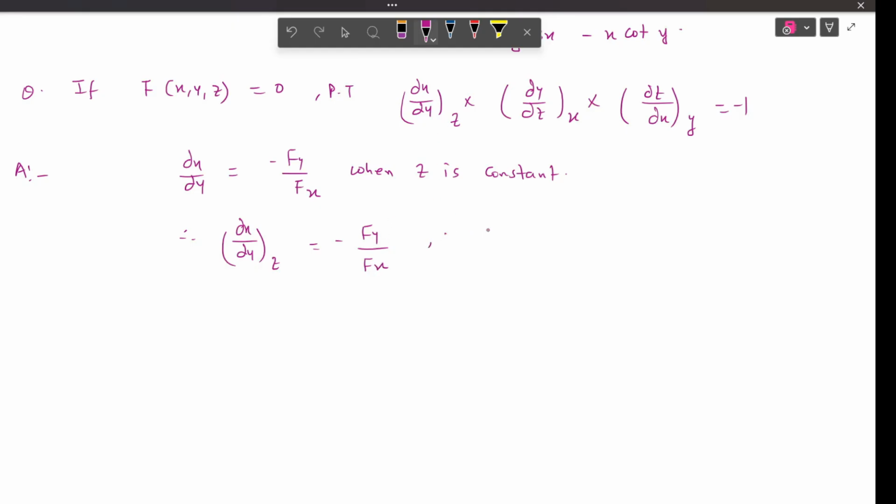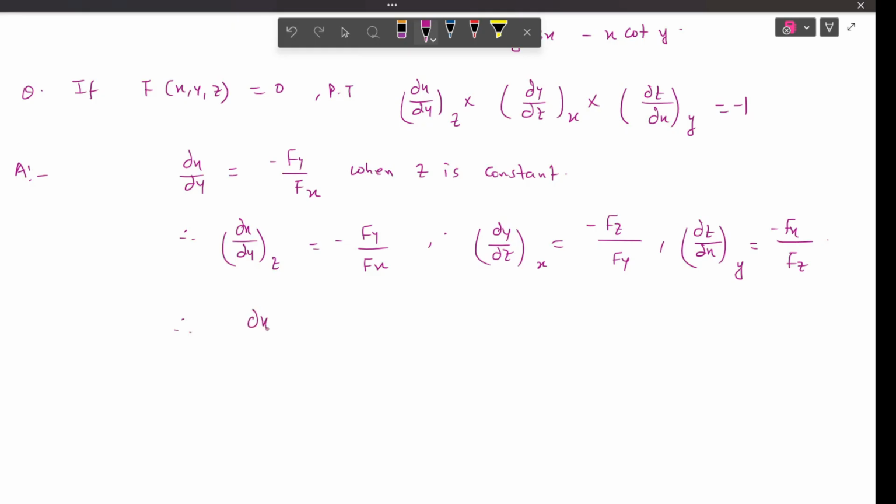Similarly, delta y upon delta z when x is constant is minus f of z by f of y, and delta z upon delta x when y is constant is minus f of x by f of z.